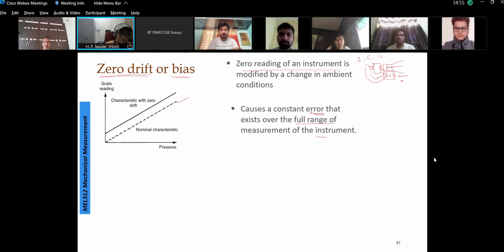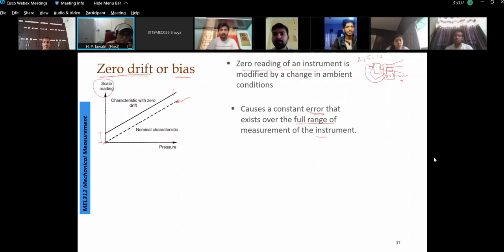The nominal or ideal characteristic here, but the characteristic with zero drift, say output. So it is a pressure and the scale reading. It is going to show some scale reading. Instead of showing the pressure at pressure 0, it is going to show some reading. The scale reading is this one. So it is something opposite to the dead band or threshold.